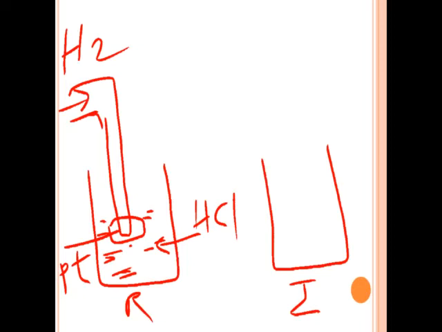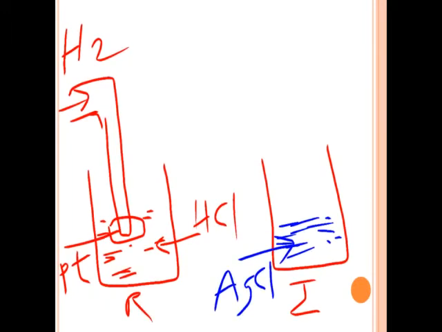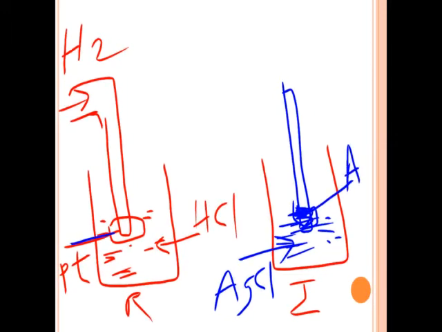Now in the case of the indicator electrode, we are taking silver chloride, so it consists of AgCl solution. In it there is a silver plate, like the platinum plate in the other.